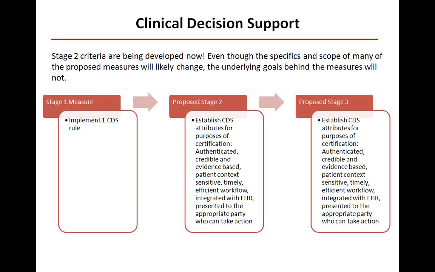And as we see those Stage 2 and Stage 3 rules come out, we'll definitely be reviewing this and again doing everything we can to ensure that rheumatology is supported through this rule and that you do have access to the appropriate resources and references to implement clinical decision support in your EHR that supports rheumatic care.